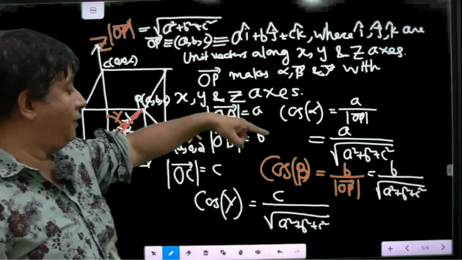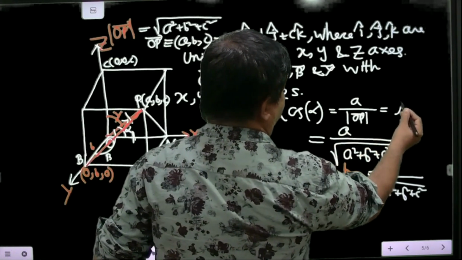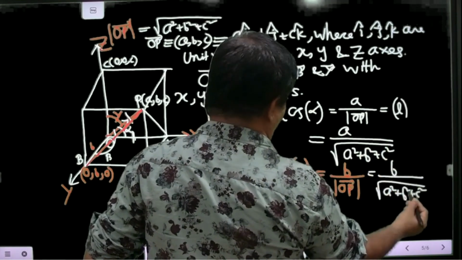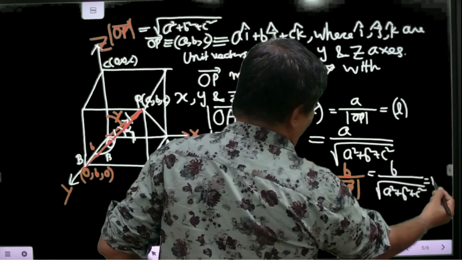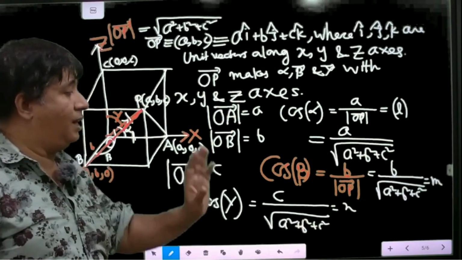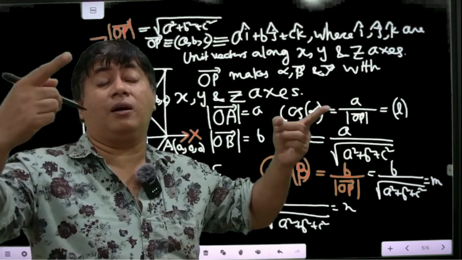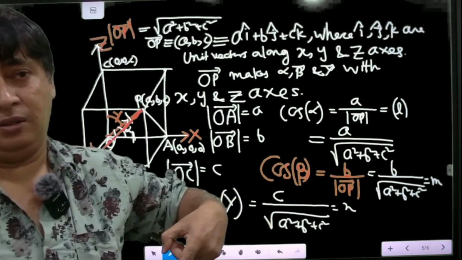So cos alpha, cos beta, cos gamma. Cos alpha is denoted by L, cos beta by M, cos gamma by N. What is this element? It will be called direction cosine.